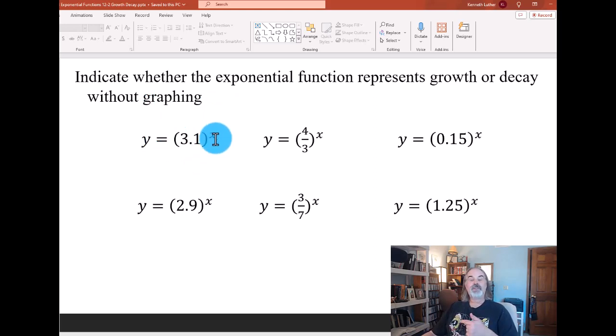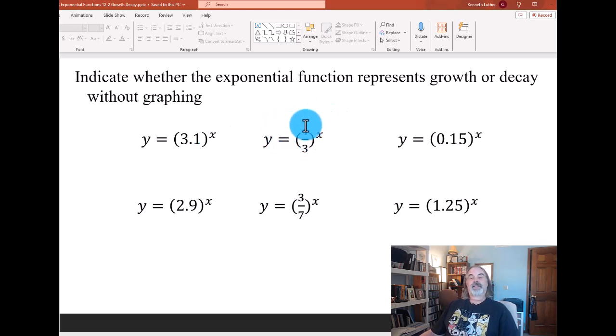And remember, I'm using x values like 1, 2, and 3 as samples, but that exponent could be anything. We could take the number 3.1 and raise it to the power 2.42798, right? That would give a numerical result. You would need a calculator to say what that is, but it's possible.